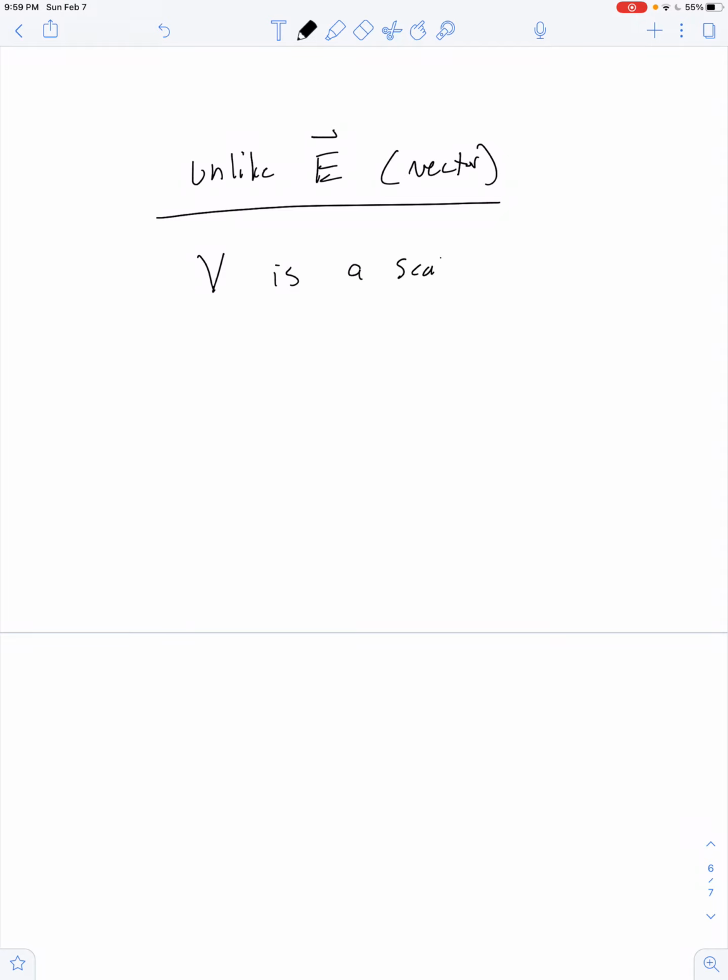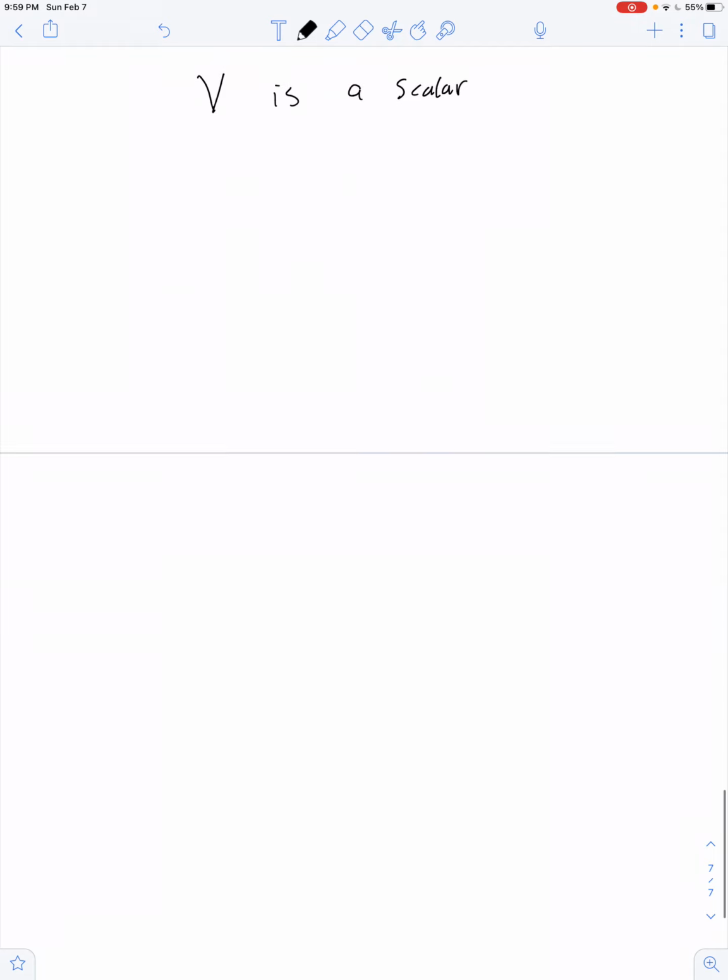Now the beauty of this is that unlike electric field, which is a vector quantity, electric potential is a scalar quantity.